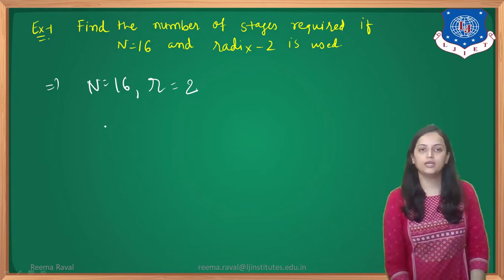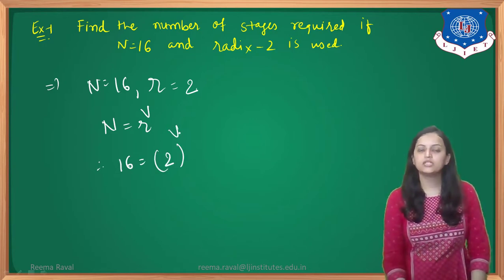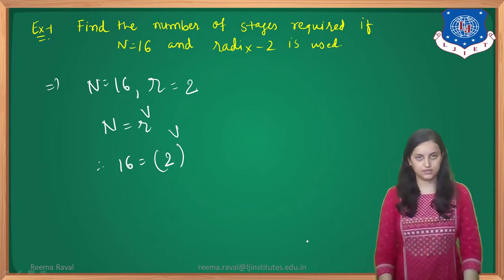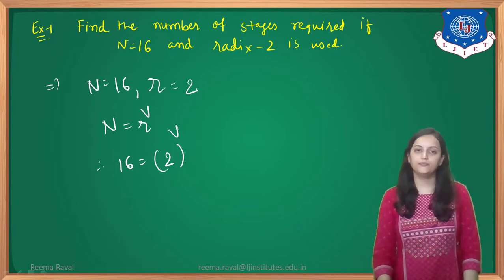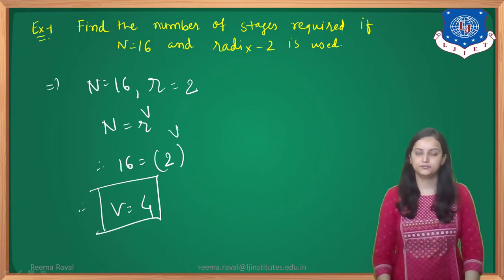We know that the formula is n equals r raised to v, where n given to us is 16 and r is 2. That means we need to find the number of stages required, that is v. So we will have v equals 4 to make it 16.